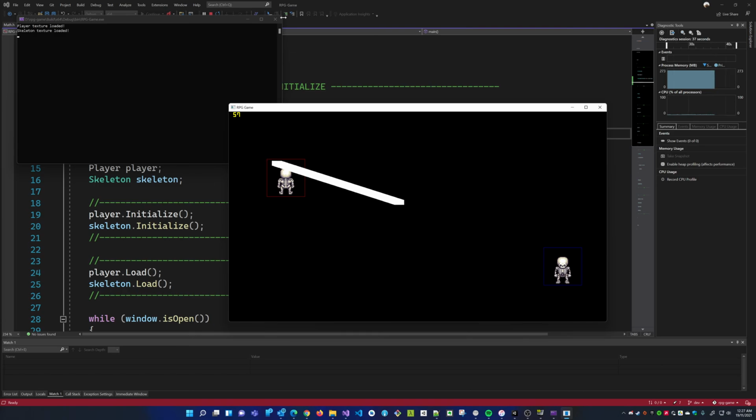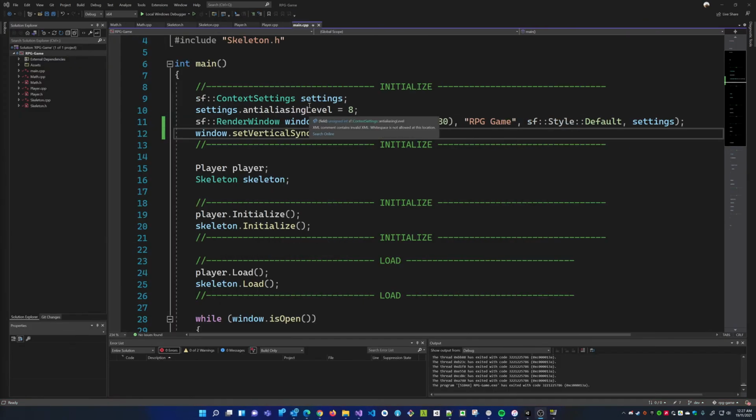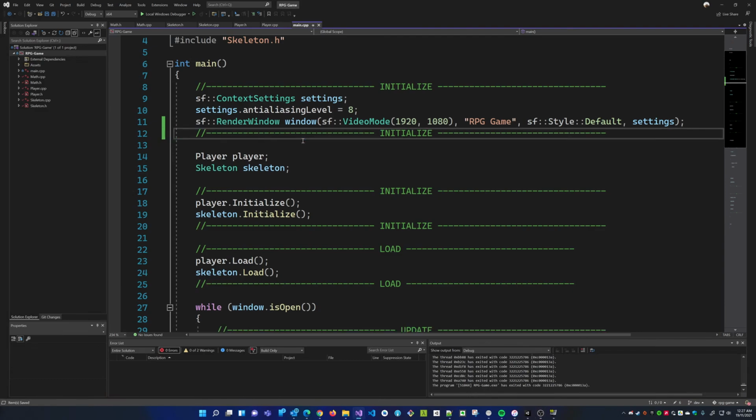Okay, so what we essentially need to do is not have our frame rate and movement speed tied with each other. Now, the way I can do that is by figuring out something called delta time.